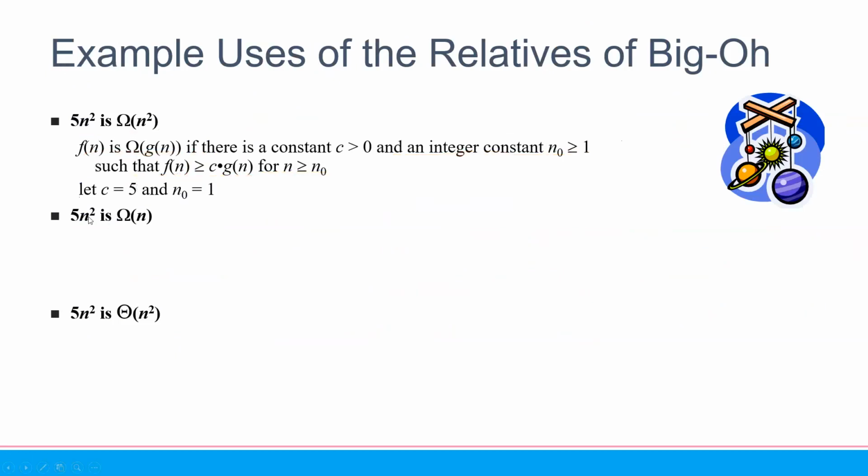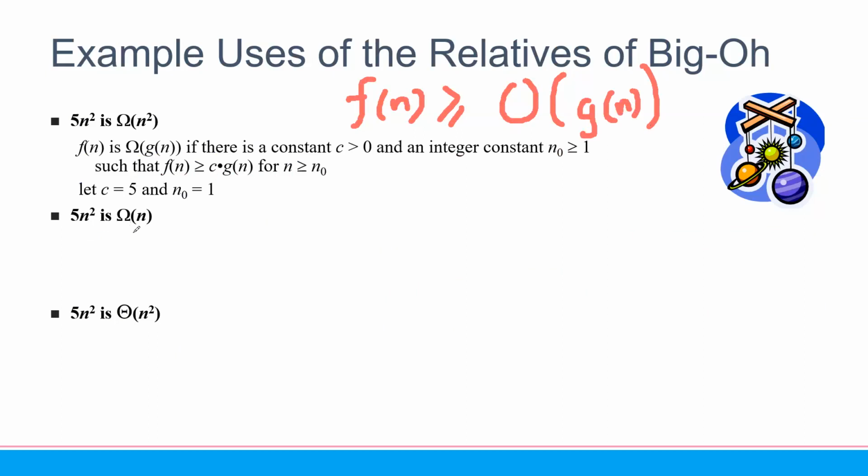What about the second? n² is big omega of n. Is it true? In the big omega, we need to have greater than or equal to.